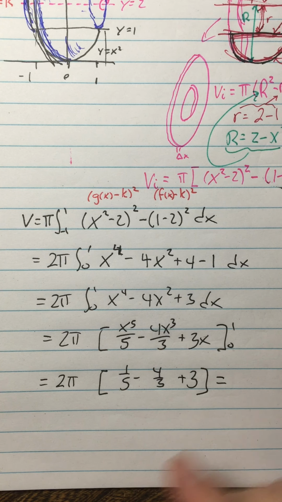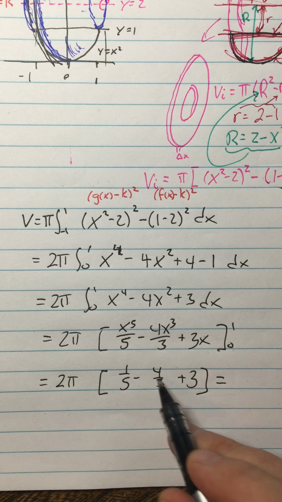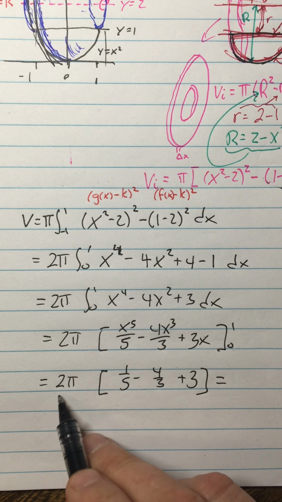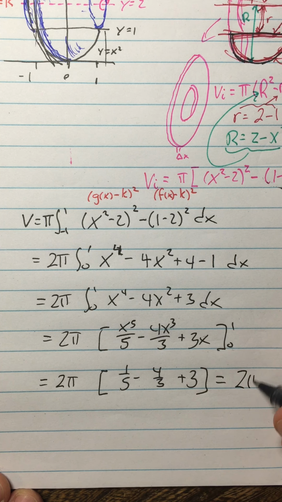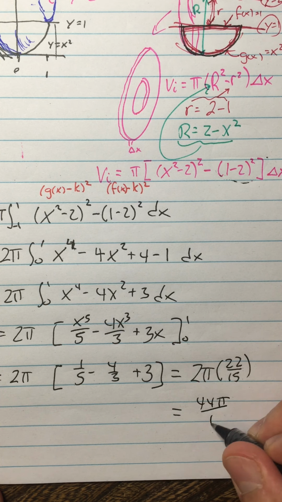Then we do these fractions. We're going to cross multiply. So it's 3/15 minus 20/15, -17/15, plus 45/15 is going to give you 22/15. And then I have times the 2 pi. So I have 2 pi times 22/15, which equals 44 pi over 15, and that's that one.